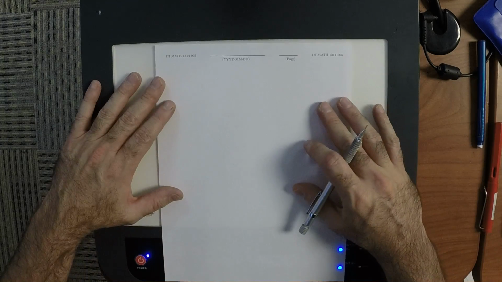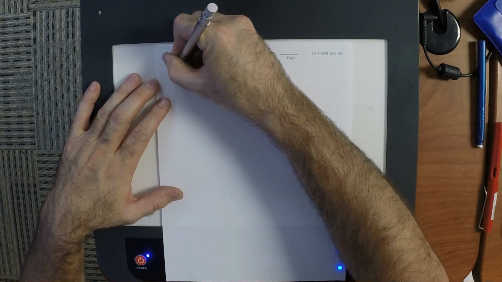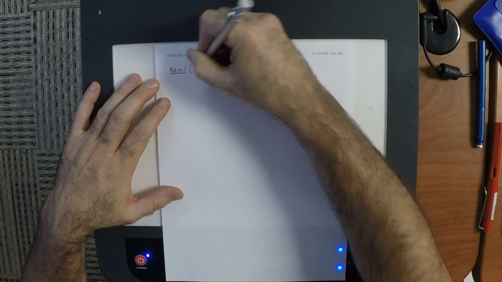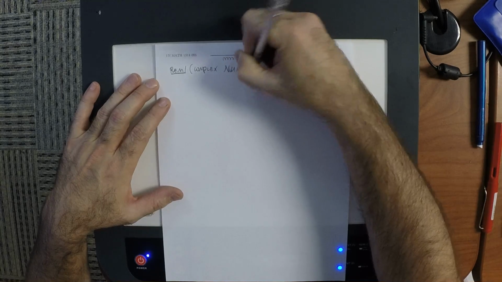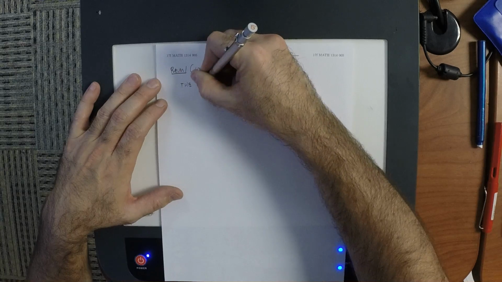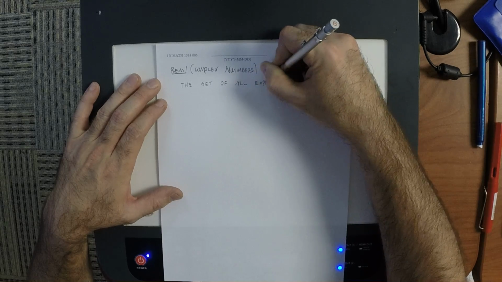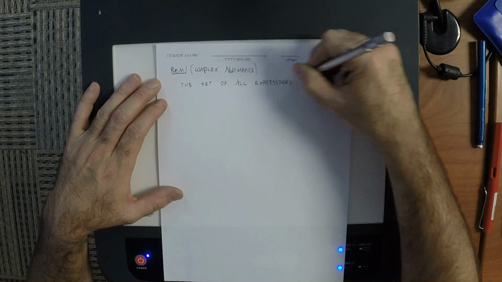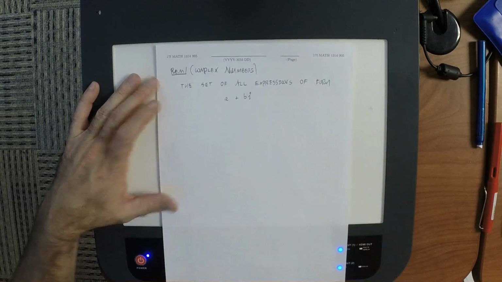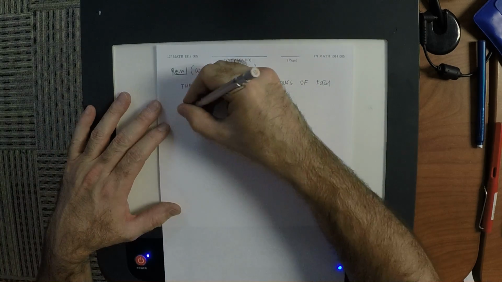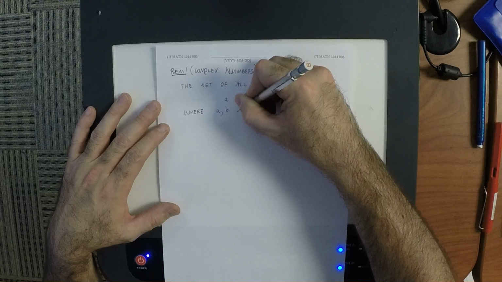So, remark, complex numbers. The set of all expressions of the form a plus bi, so the set of all of those where a and b are real.